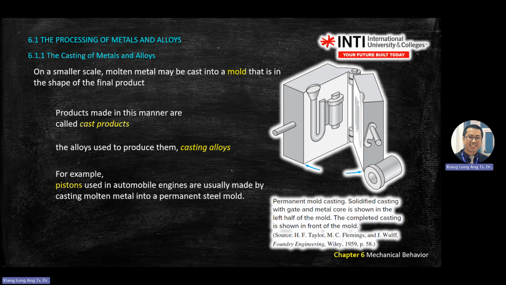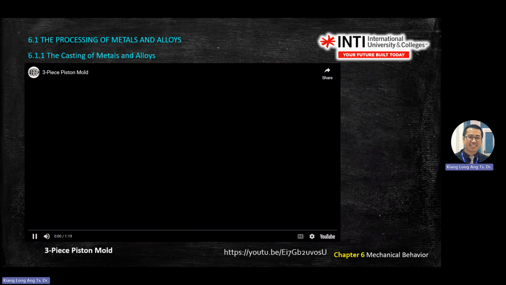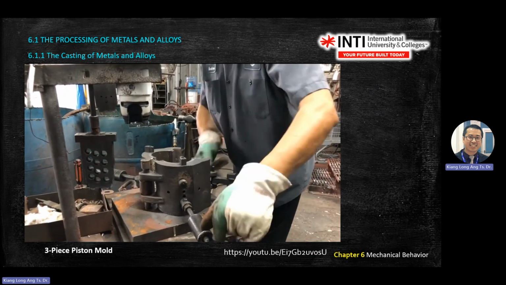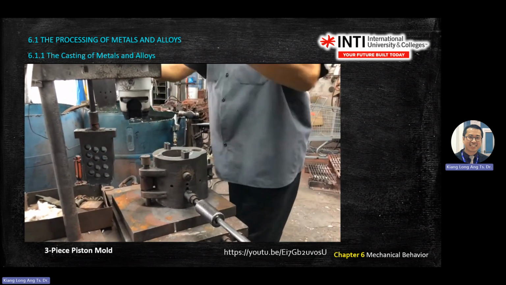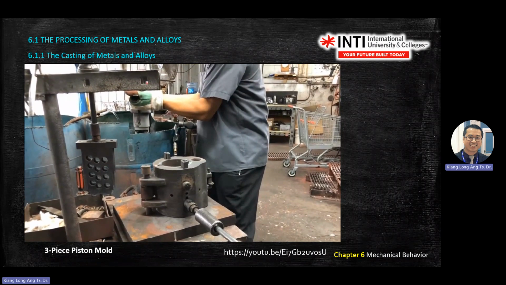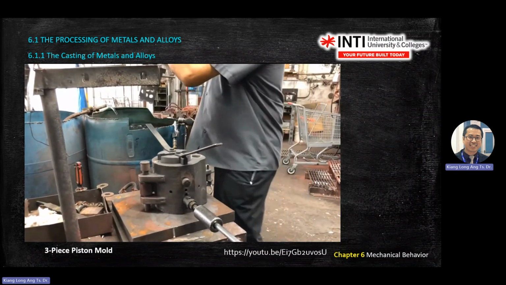Cast process is for pistons, for example, cast products. This is for your info. If you haven't seen any casting process before, this is a mold. Put in the mold, set up the mold.